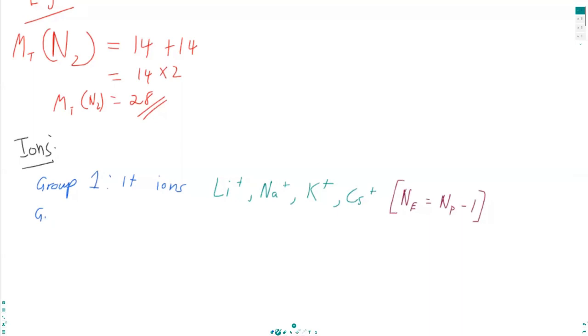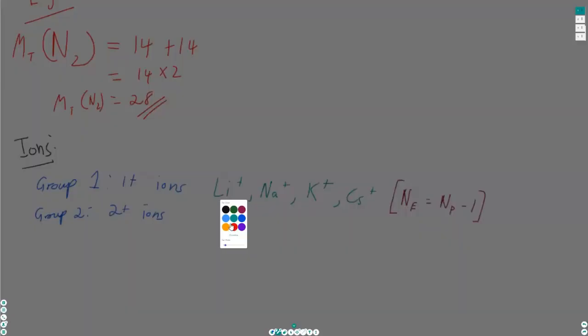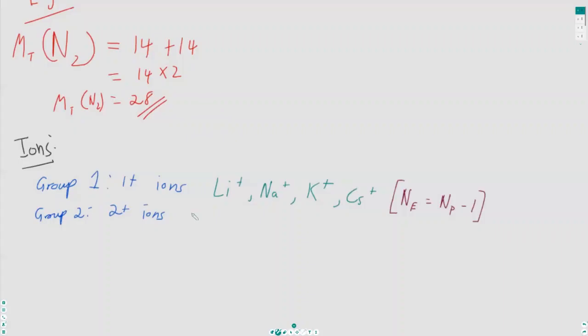Group 2 have 2 plus ions. For instance, we have Mg2 plus, so magnesium 2 plus ions, and also calcium, yes, calcium 2 plus ions.